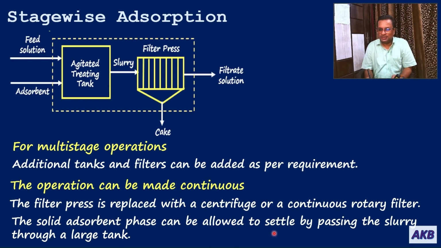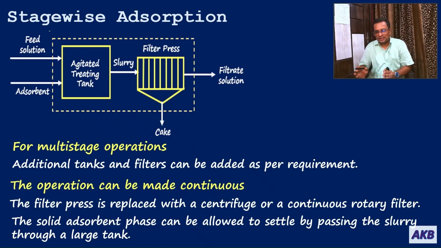How can this be done? This can be done by passing the slurry through a large tank. When you are using a large tank, the slurry remains in the tank for a sufficiently long time, during which the solid adsorbent phase can settle.